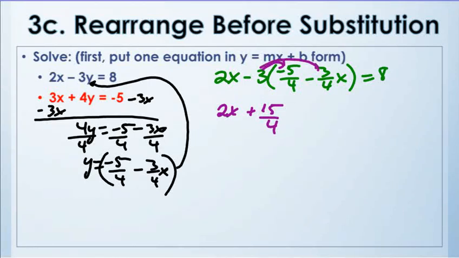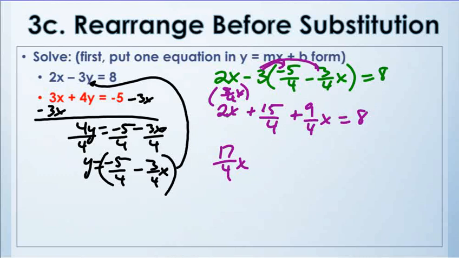Negative 3 times negative 3 is a positive 9/4 x equaling 8. Combine like terms, this 2x is the same as 8/4 x. So 8/4 x plus 9/4 x is 17/4 x.